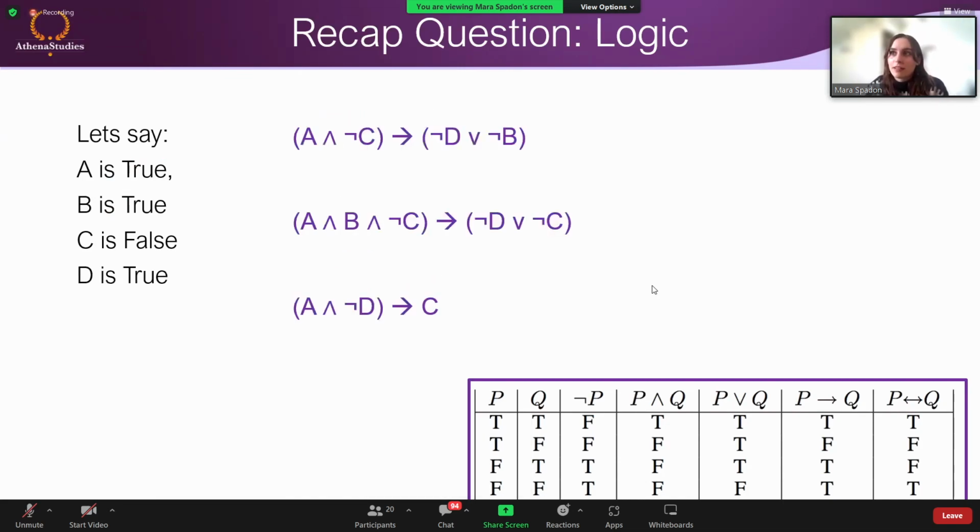Okay, let's try our hand at ones that are a bit bigger. So let's say A is true, B is true, C is false, and D is true. For this first one, what would you say? So maybe Max, do you know?